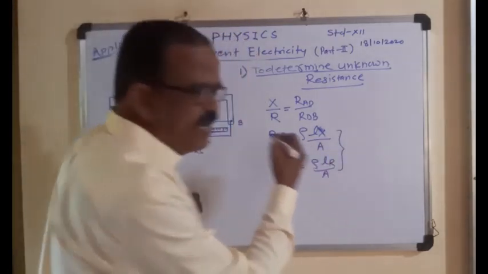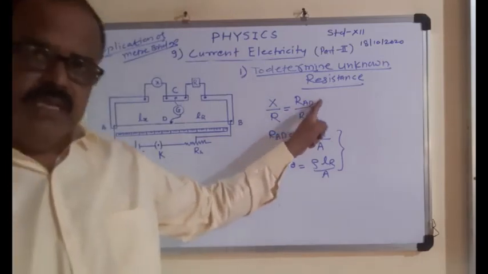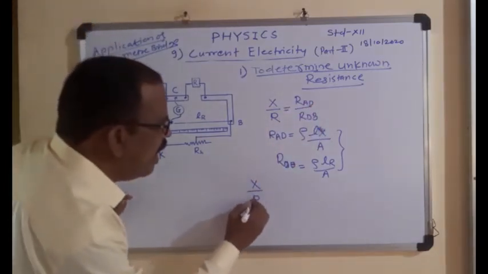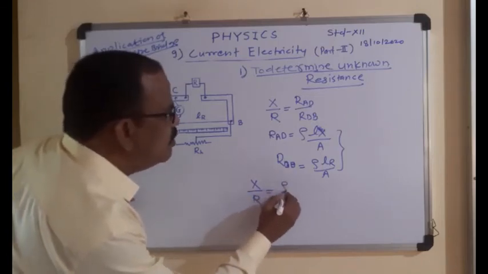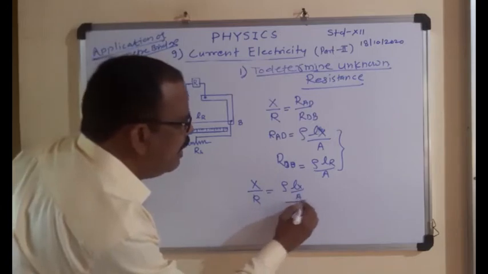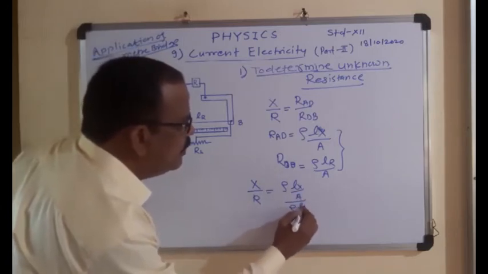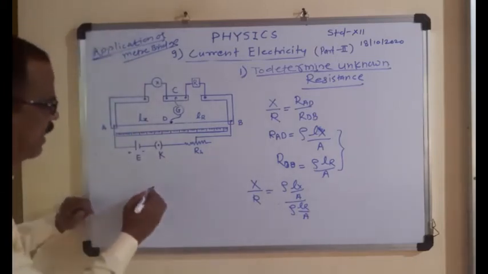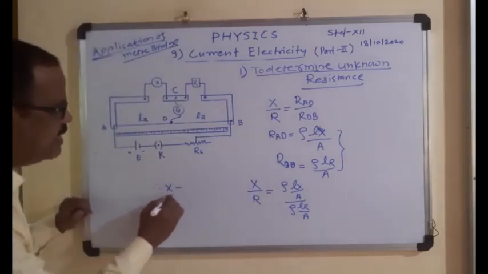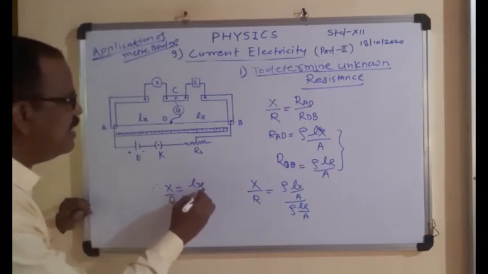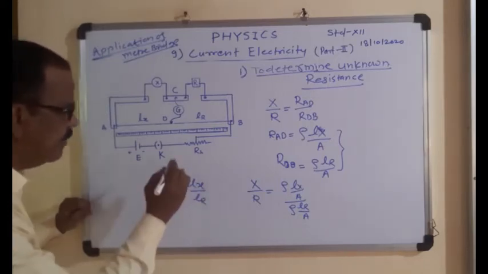Substitute these two values in the above equation. Therefore the equation becomes X divided by R is equal to rho into Lx divided by A divided by rho into Lr divided by A. Therefore, X divided by R is equal to Lx divided by Lr.